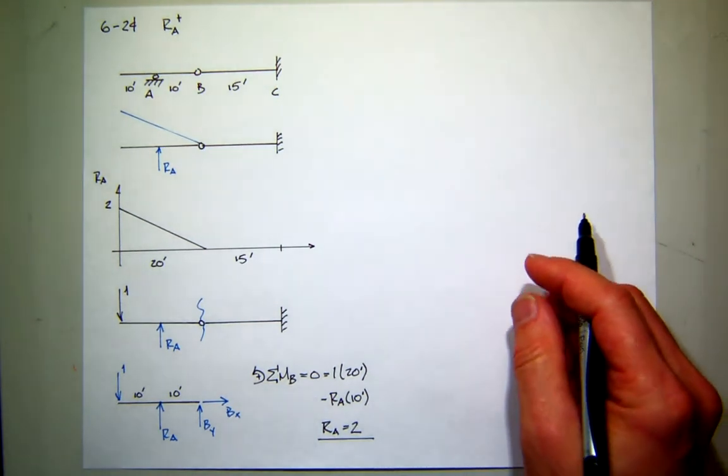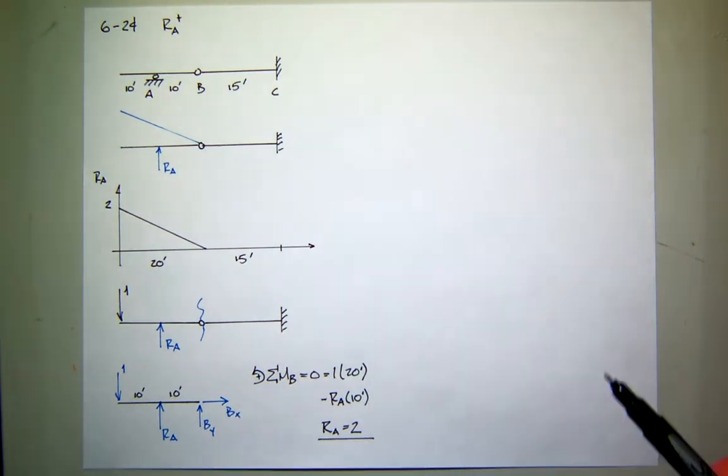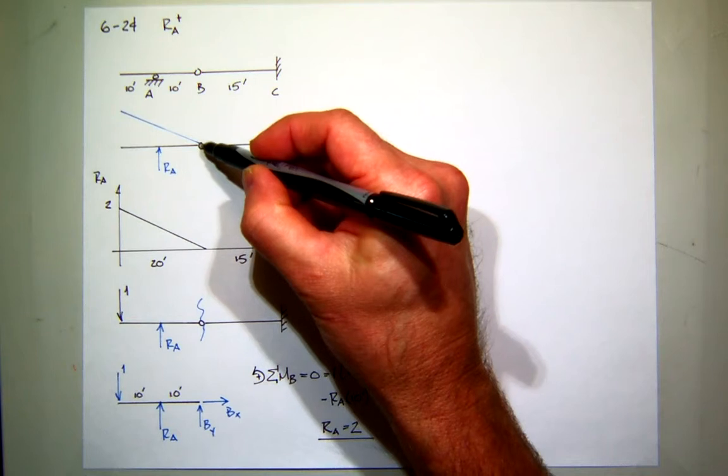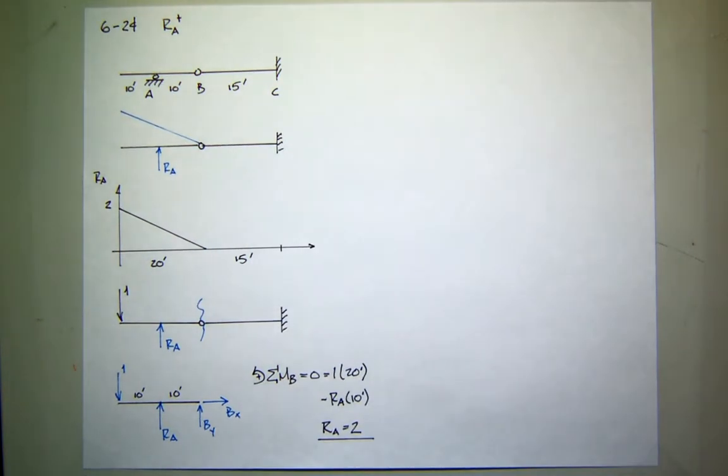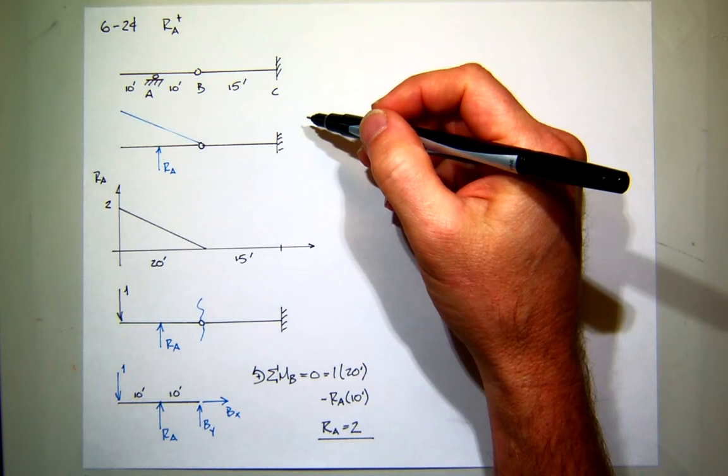Why is B pinned? No, it said B is fixed. Oh, B, I'm sorry, B is a hinge. B is a hinge, and the problem statement says B is pinned. That's the same thing. A pin is a hinge. I think that's bad terminology. I've been trying to say pin only if it's at a support.